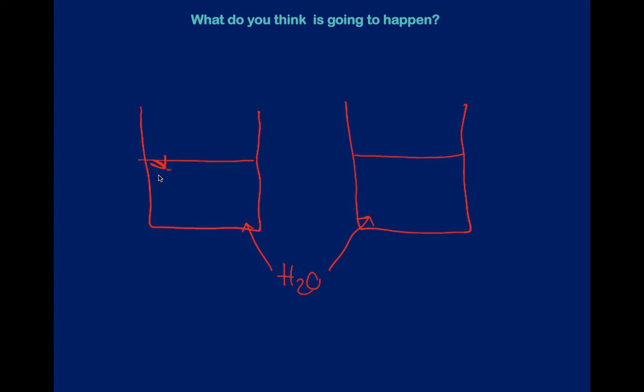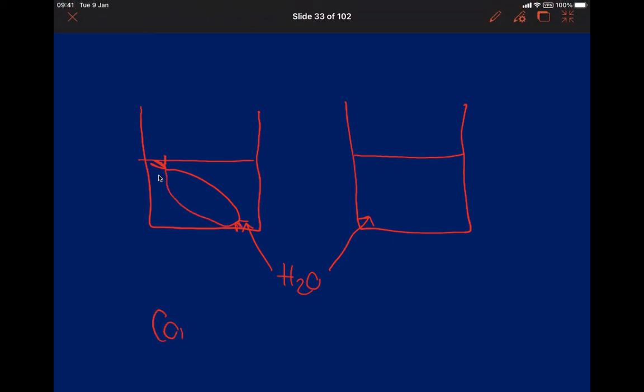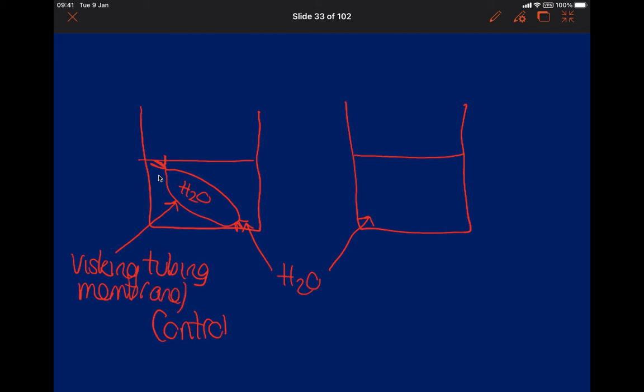You tie a knot in one end and you fill it with water for our control. So this is going to be our control side. So we fill this with water in here, and this is called visking tubing, and this is your semi-permeable membrane. Visking tubing, and it is your membrane.